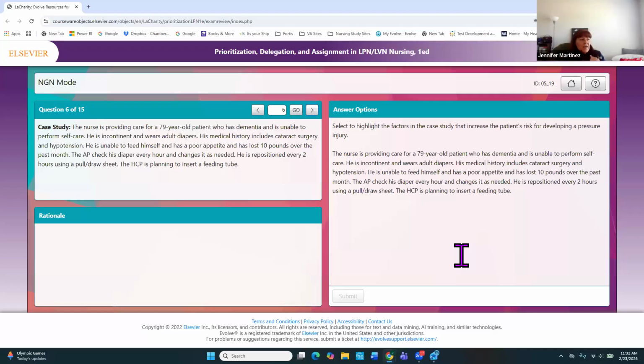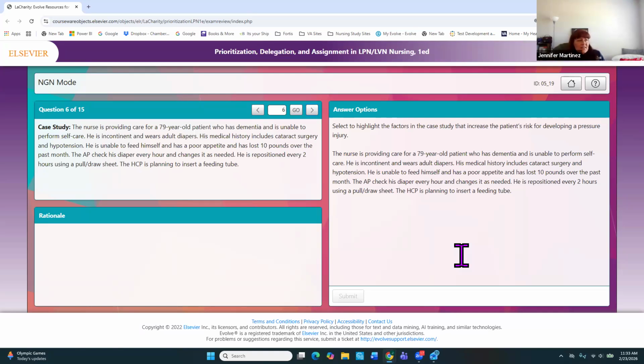All right. So the nurse is providing care for a 79-year-old patient who has dementia and is unable to perform self-care. He is incontinent and wears adult diapers. His medical history includes cataract surgery and hypotension. He is unable to feed himself, has a poor appetite, and has lost 10 pounds over the past month.